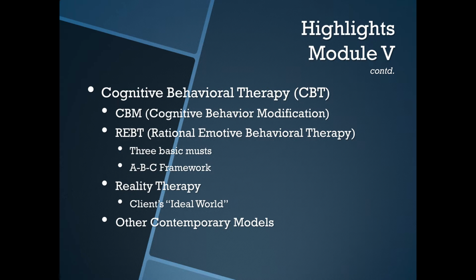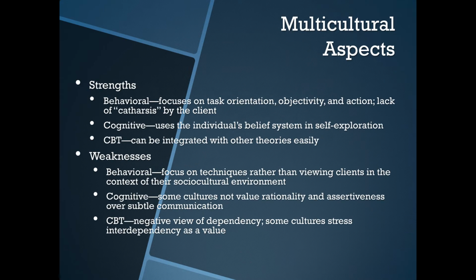Reality therapy by Glasser, in which the client has an ideal world, and most of the time this ideal world has to do with a social setting. We begin to see the social aspect of therapy come in, and we'll follow in our next module, the postmodern module. And of course there are other contemporary models as well.